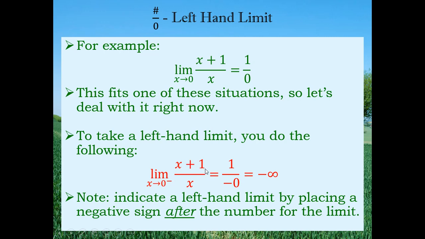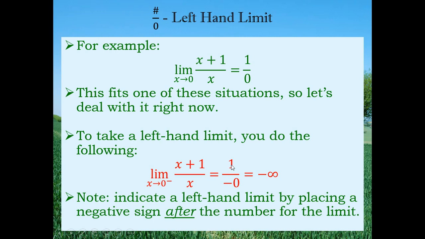Of x plus 1 over x is equal to 1 over, now, as it approaches from the left-hand side, negative 0 really isn't a number, but it's a very, very tiny number, and since it's from the left-hand side, it's going to be negative.